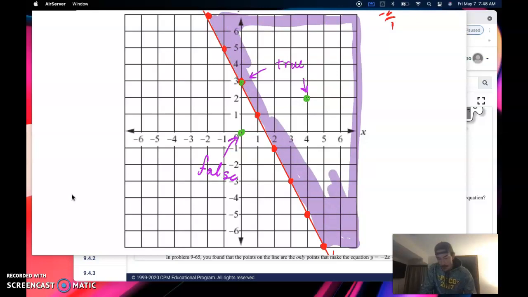So I'll shade all of these things. So this is what this looks like, and this is why we need to check those points. All right, just shade it in real quick. All right, and there you go.